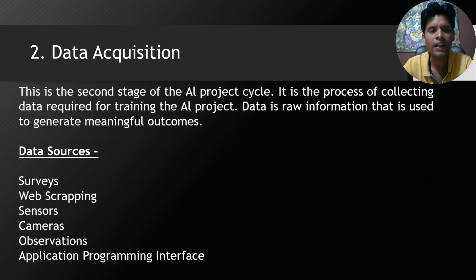So sources for data acquisition are also important. It might be asked in the exam, maybe for 1 mark, or the question can be to write any two data sources. Okay. So very first is surveys. I hope just a few days ago you have seen opinion polls or exit polls from different news channels. So what do they do? They do a survey.